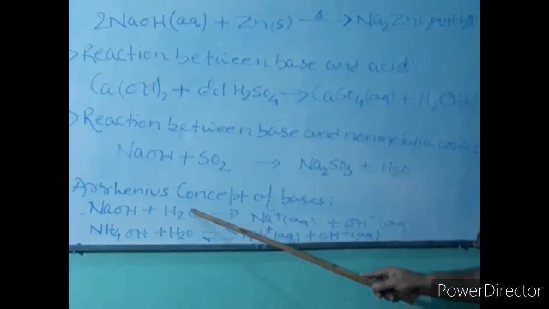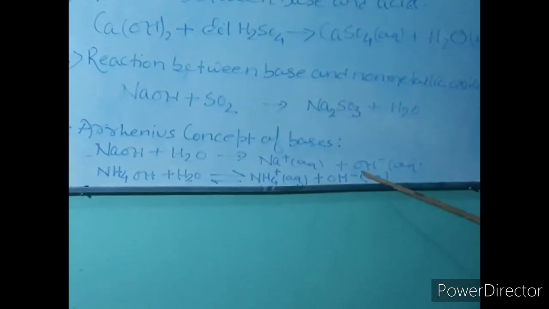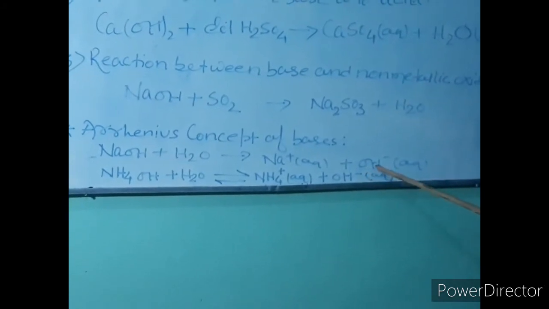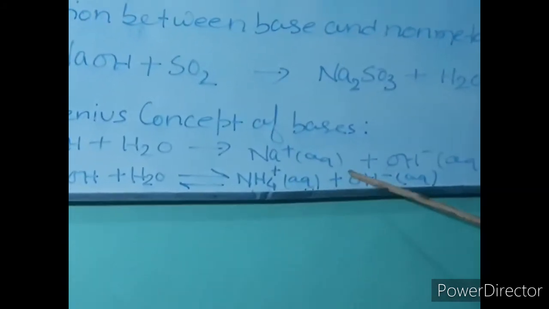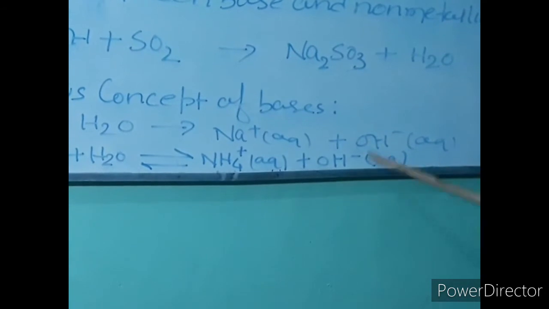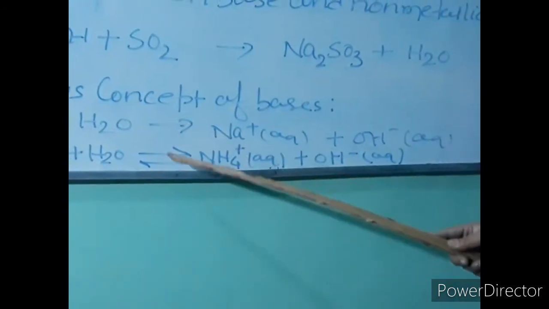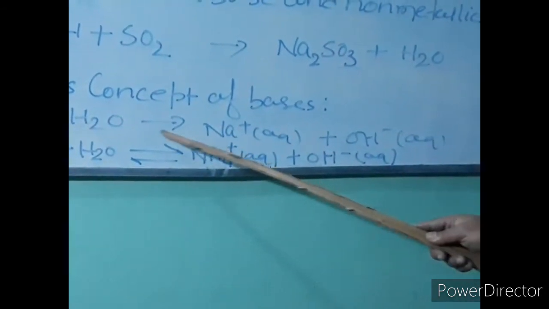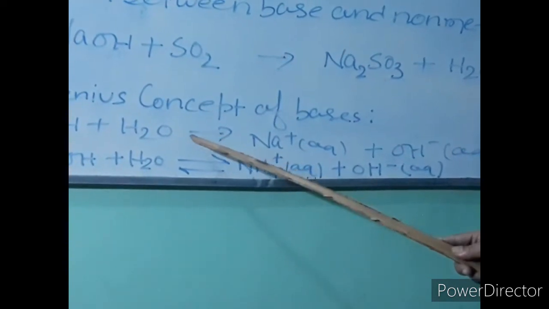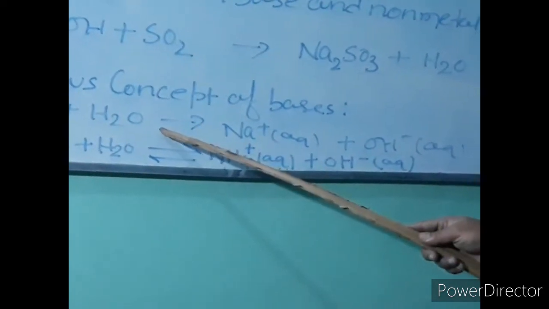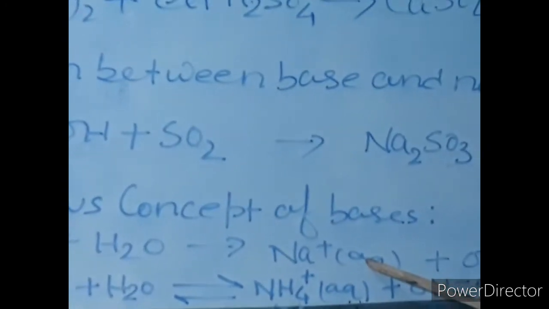In both examples there is a production of OH- ion, but these two are represented by different signs. Here, a single-headed arrow points towards the product.